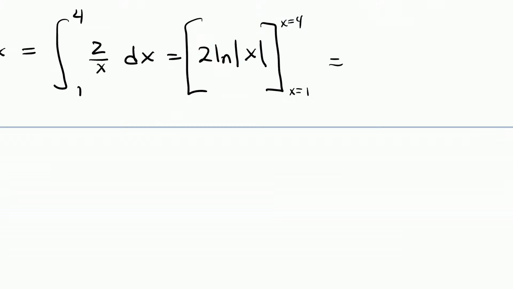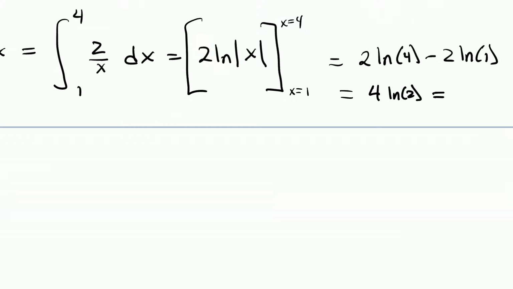Okay, we're almost there. We have 2 times the natural log of 4 minus 2 times the natural log of 1. Natural log of 1 is 0. Natural log of 4, you could write in different ways: 2 natural log of 2, or natural log of 16, because when you have a number multiplying a natural log, you make it an exponent, so it's 4 squared.